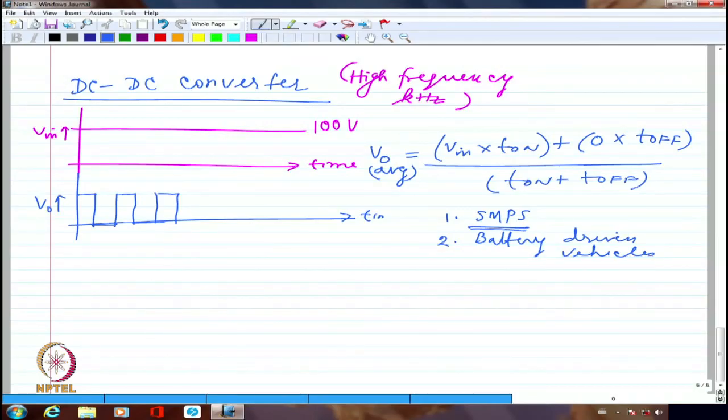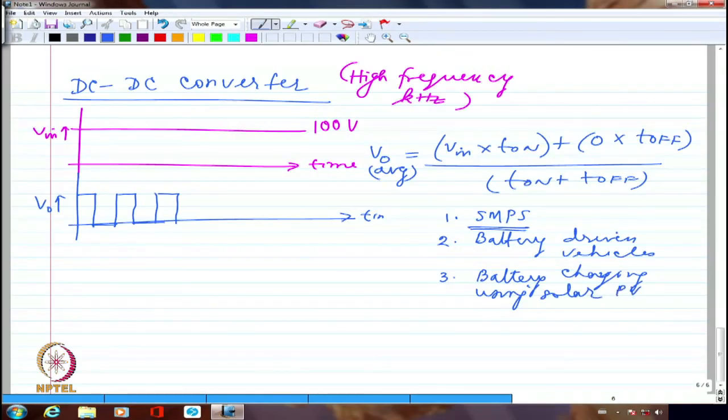If I want to connect a solar PV to a battery, generally it is not done directly, it is done through a DC to DC converter. So I can say battery charging application using solar PV.